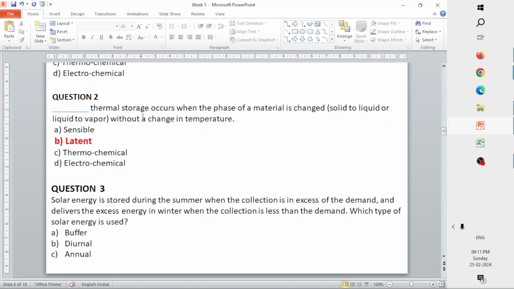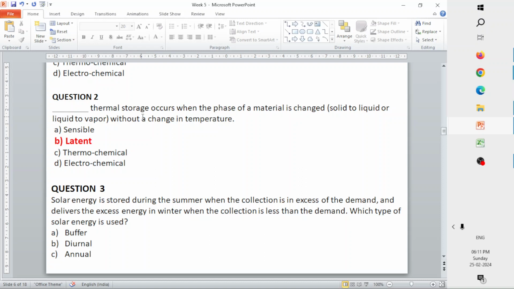If you take a particular day, the energy requirement and the collection are going to be the same. Since both the collection and the demand are the same, that is not something that correlates with what is asked in the question.